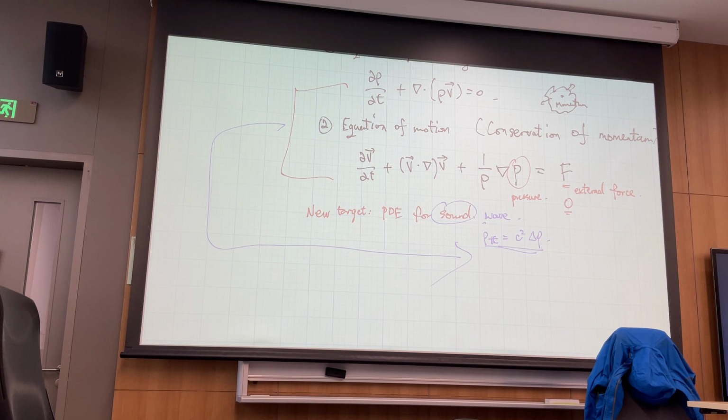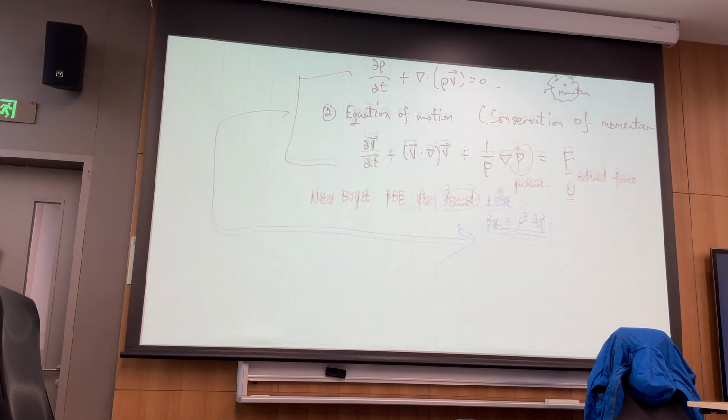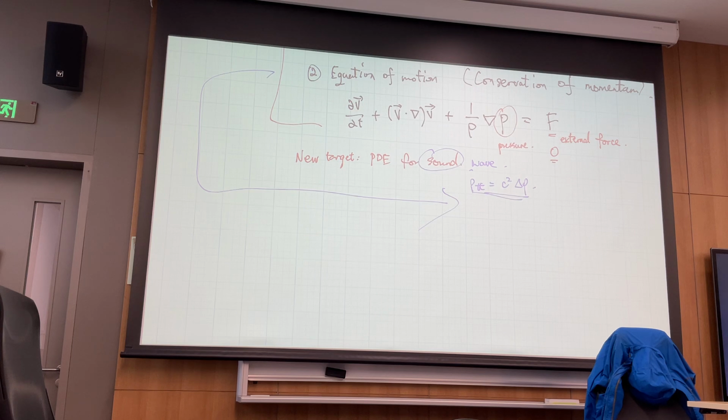Okay. So what we are going to do is, again, we are going to make assumptions. Whenever we want to simplify a very complicated model deduced from nature, we make assumptions. Now we're going to make assumptions.